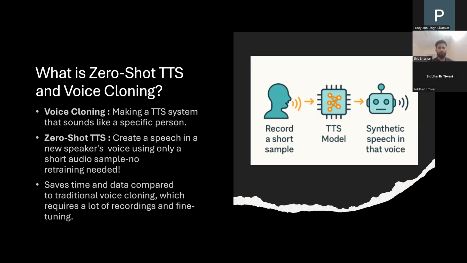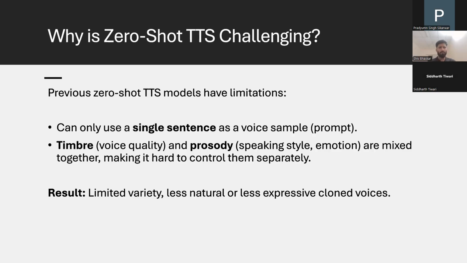In the next slide I'm explaining why zero-shot TTS is challenging. Unfortunately, existing zero-shot methods have two problems, the first being prompt length limitation. Many systems accept only a single sentence as a reference, which may not capture a speaker's full vocal range.